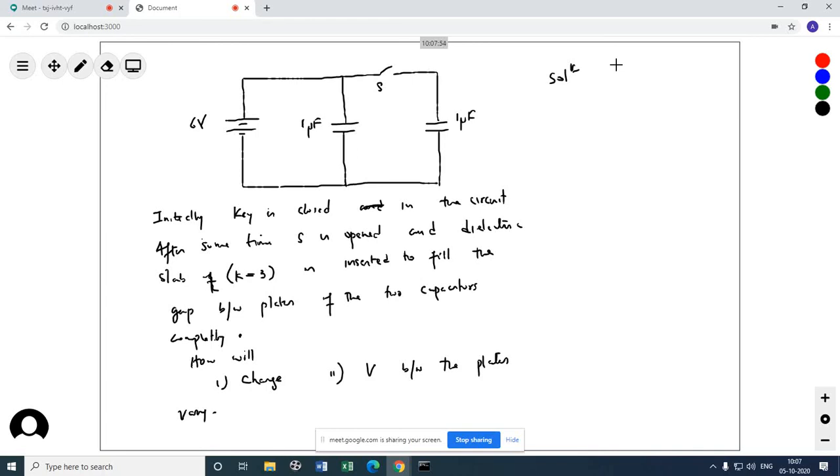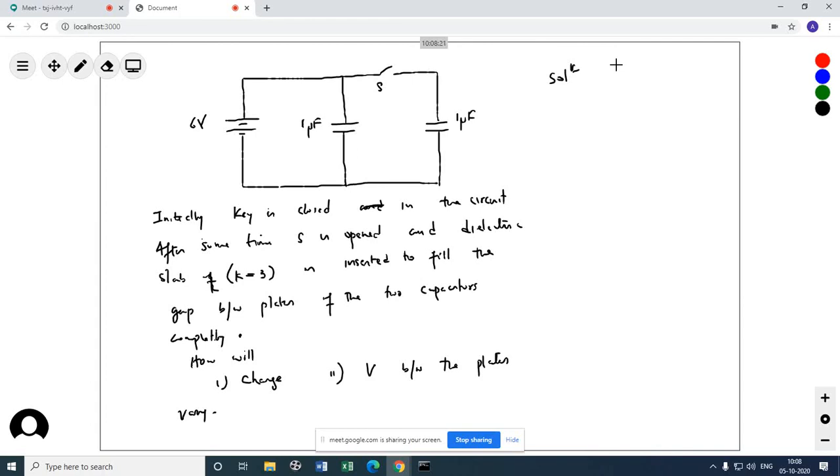Initially the key is closed, that means when you turn on the key S, both of them get charged, right? And they are in parallel combination now. So overall capacitance is something, right? Charge on 1 and charge on 2 will be same. Now you open the key.